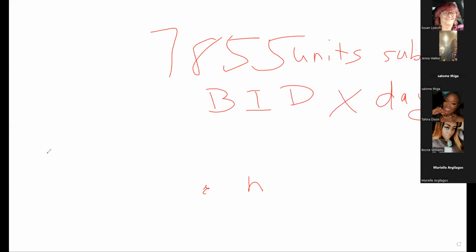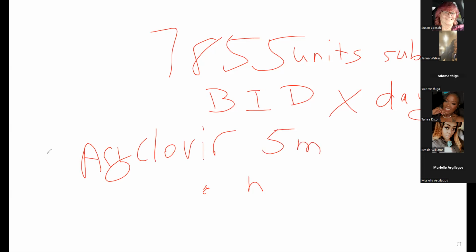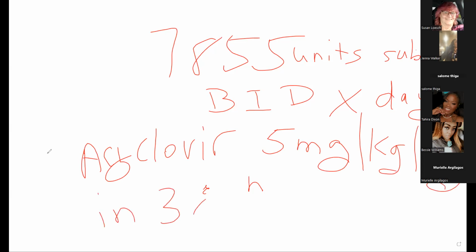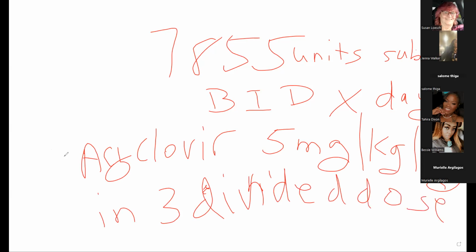The other way they might write it is 5 milligrams per kilogram per day, in 3 divided doses. Okay, and your patient's weight is, let's say, 78 kilograms.